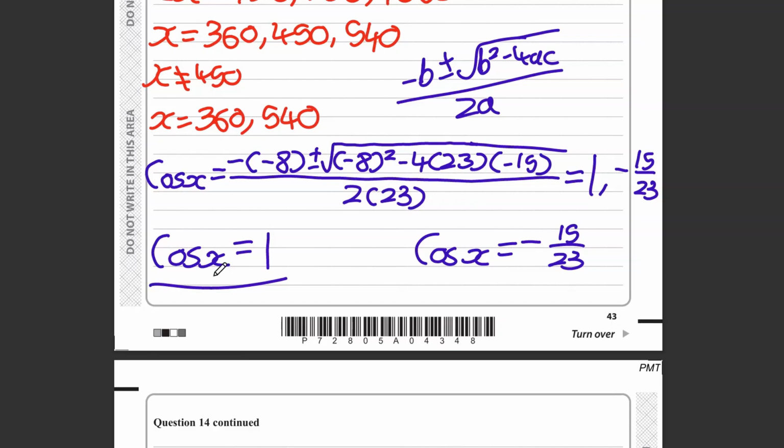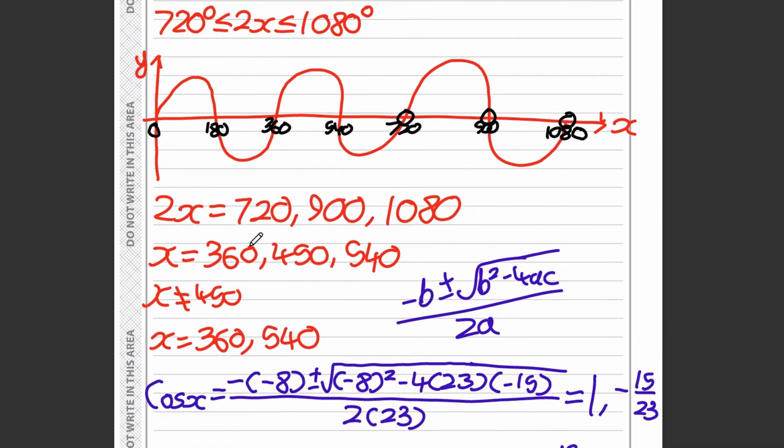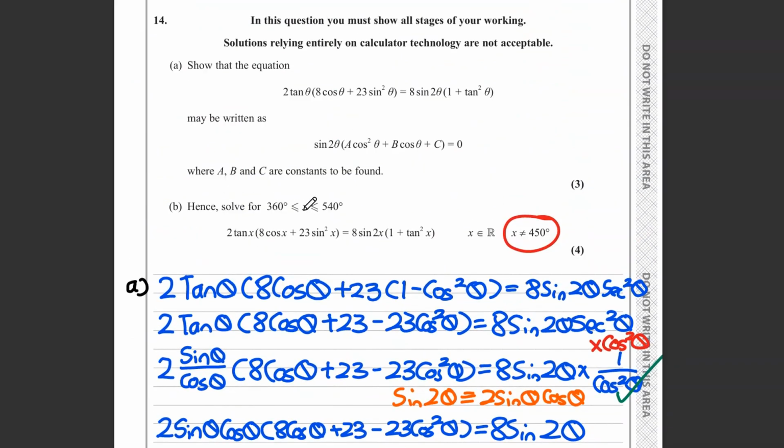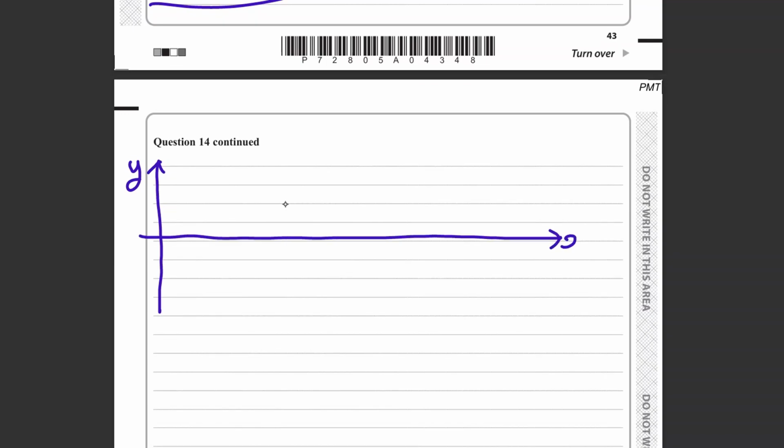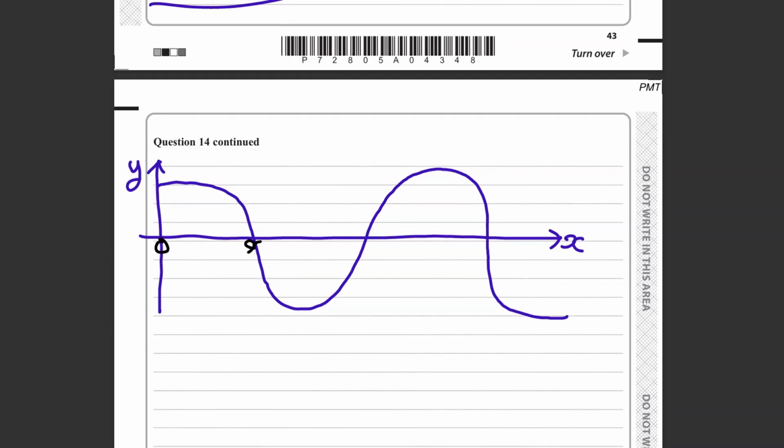If we focus on cos x is equal to 1 first, remember the interval is between 360 and 540. If we draw a quick cos graph, where this is the y-axis and this is the x-axis, it's going to look like this, where this is 0, this is 90, this is 180, this is 270, this is 360, this is 450, and this is 540.